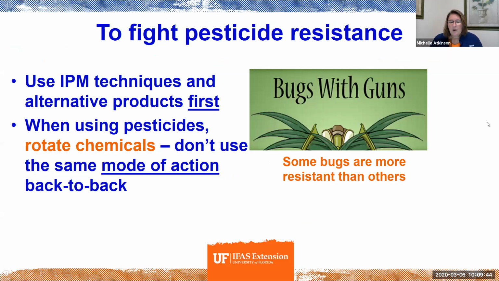So how do we help fight pesticide resistance? If we use the same chemical over and over and over again, we will build up the population that is resistant to that chemical. Then we have a problem, okay? So we want to rotate our chemicals, rotating the mode of action, the way that it kills, so that we can wipe out pest populations.